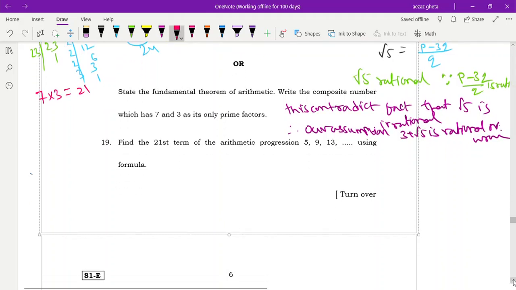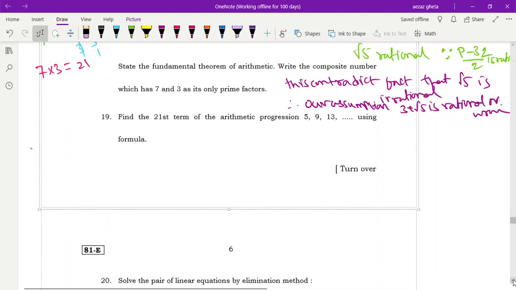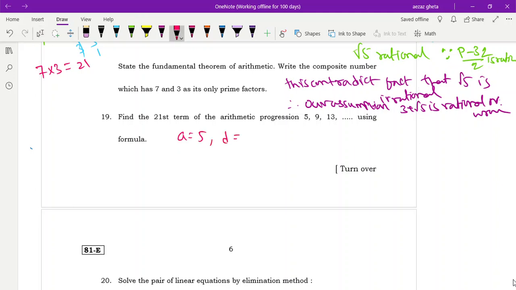The next question is, find the 21st term of the AP. This is from arithmetic progression. They have given 5, 9, 13. So a is equal to 5, d is equal to 9 minus 5, which is 4. a21 is the question. You should write the formula an is equal to a plus n minus 1 times d.